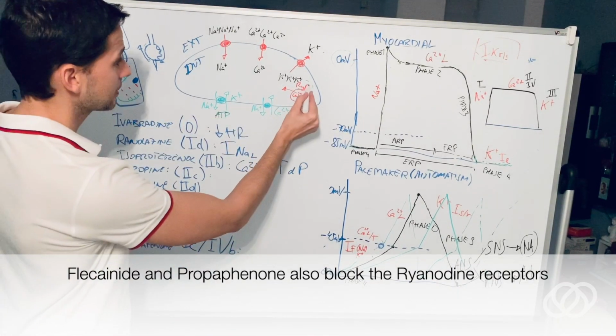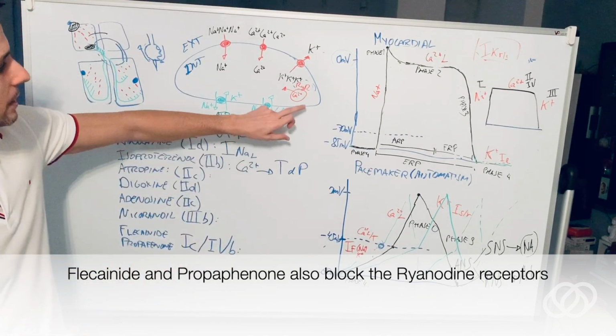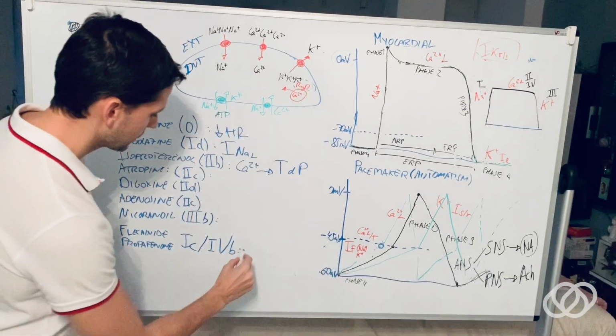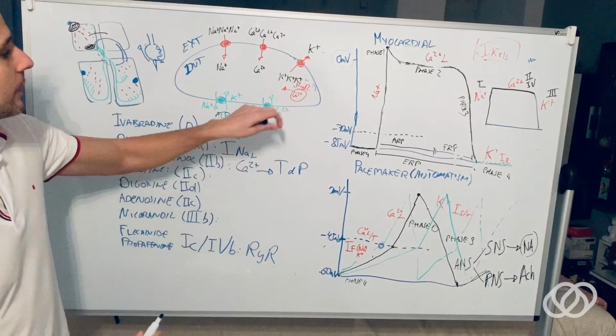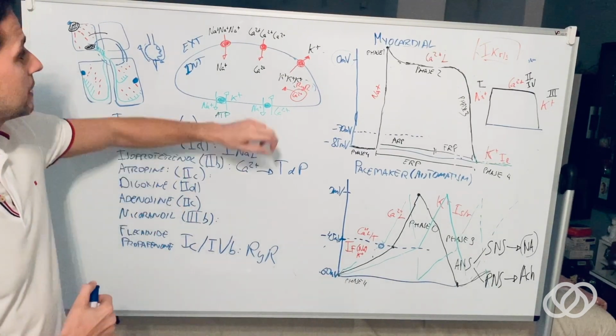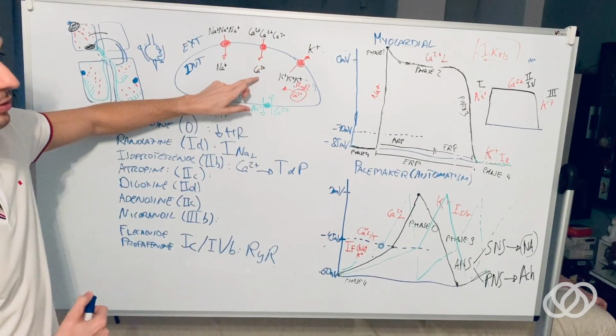The ryanodine receptors, as you might remember, are the ones in the sarcoplasmic reticulum, and when they sense that there is calcium coming in, they release more calcium.